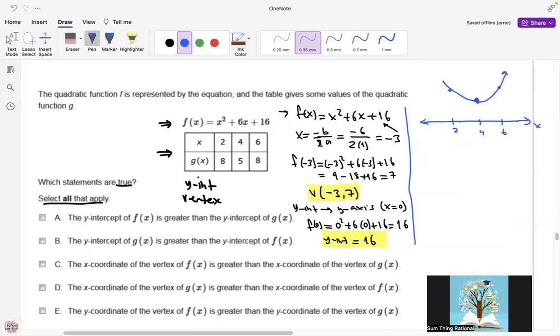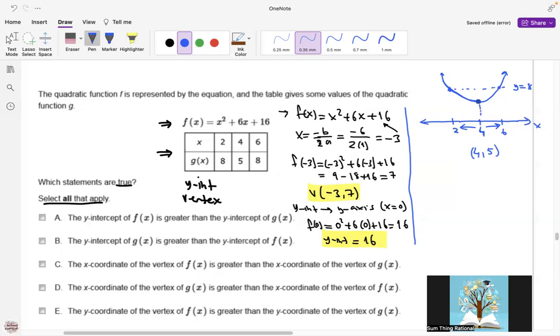Here we understand that the vertex of this function is 4 comma, sorry, 4 comma positive 5. Why can we say this? Because 2 and 6 are the same distance from 4, both 2 units away. This level and this level of 8, when y is equal to 8, it means a kind of symmetry.